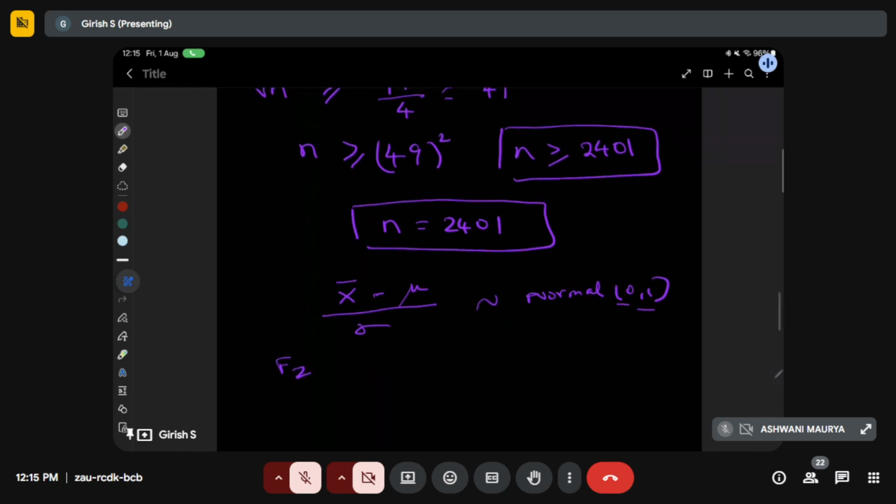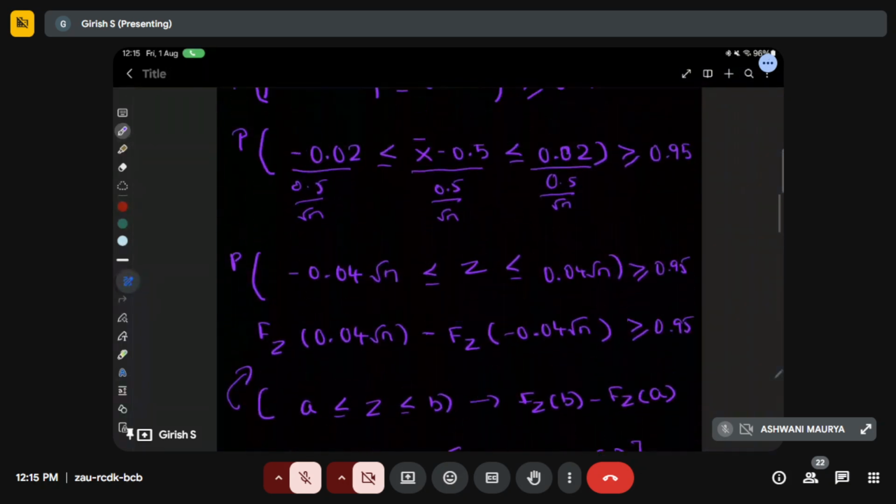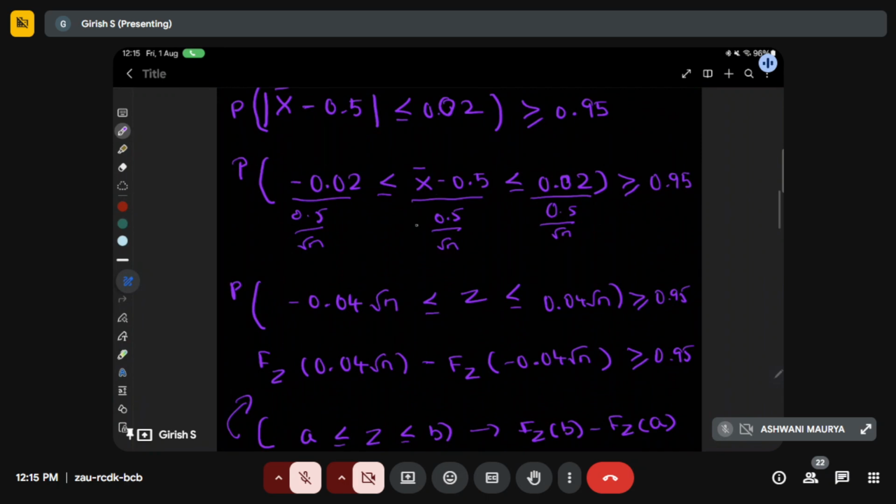So you can convert everything into this form, where we have done that. This is the application of CLT over here. Right. You got this?